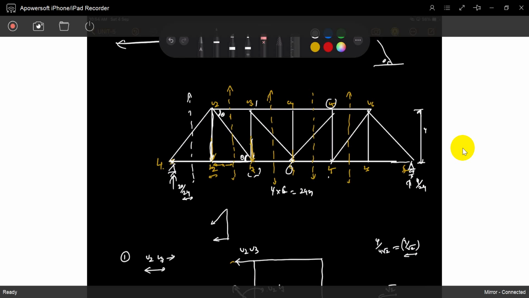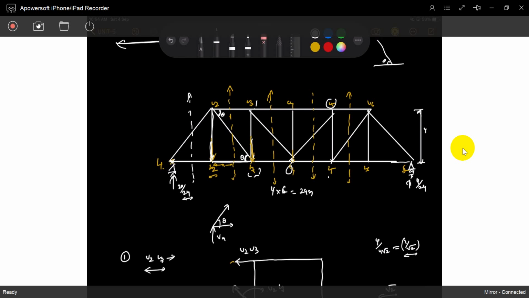We will consider load at L2. We will consider only the right part; no need of the left. Just this is the theta, this is VA.